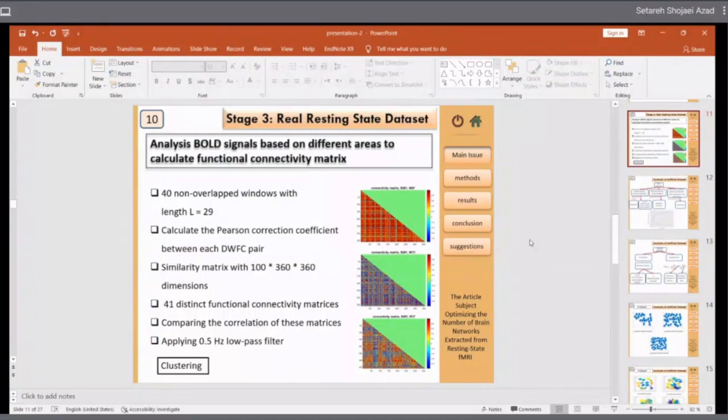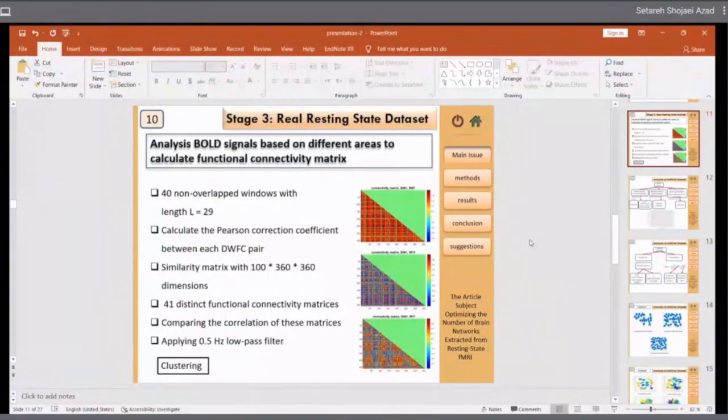We used it as a similarity matrix in clustering. The three dimensions of this matrix are nodes, time length, and the 100 objects we had. The window length was 29, so that we had 41 windows, and we used a 0.05 hertz low pass filter to eliminate the high frequencies entered into the low frequency signals.